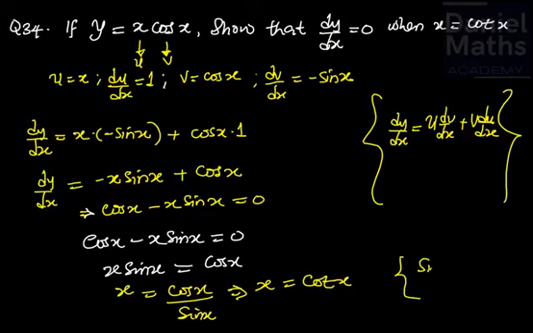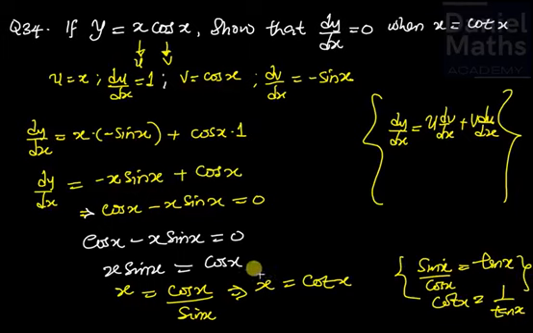Remember that sine x over cos x is equal to tan x, and that cot x is equal to 1 over tan x. So we've proven very clearly that x is equal to cot x from this mathematical expression.